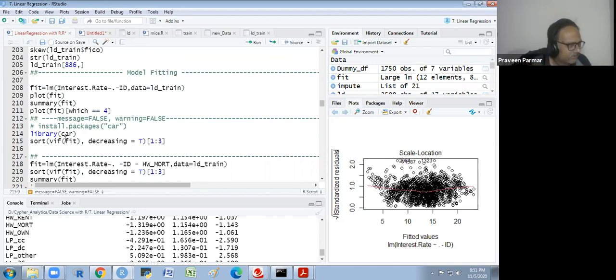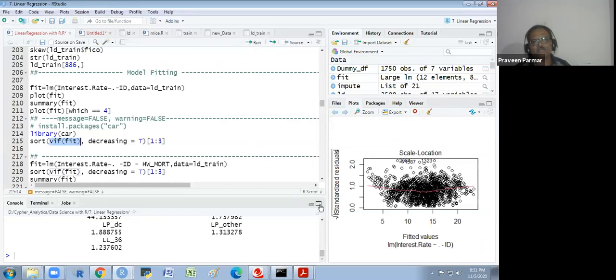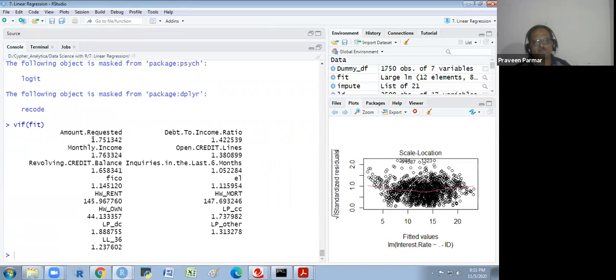This is the function, and this is the model name I have given, fit. The VIF function is from the car library, so we have to run this library to use it. If I run up to this, it gives me the VIF of all the variables. These are under control.